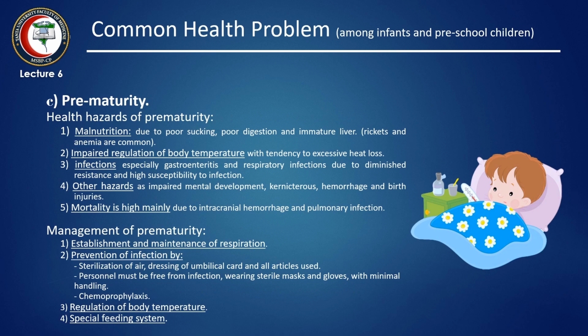This may be attributed to poor suckling, poor digestion, and immature liver, the most important of which are rickets and anemia. Second, impaired regulation of body temperature, which may be associated with a tendency to excessive heat loss.